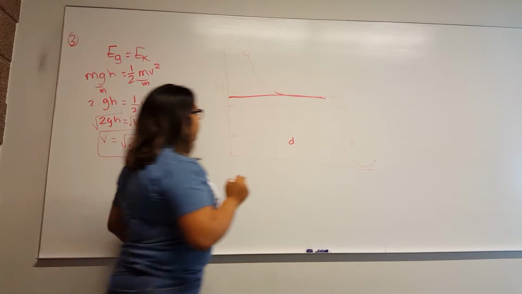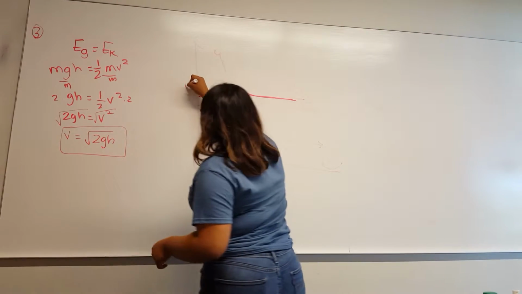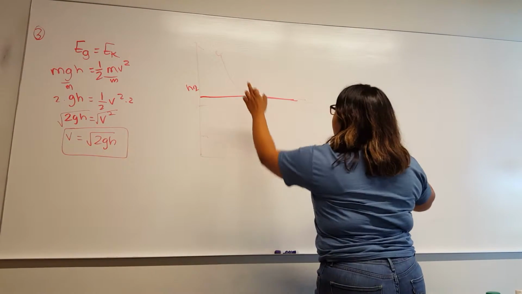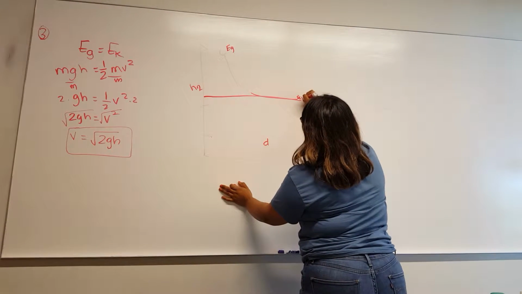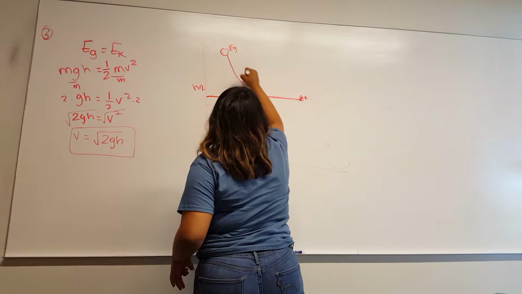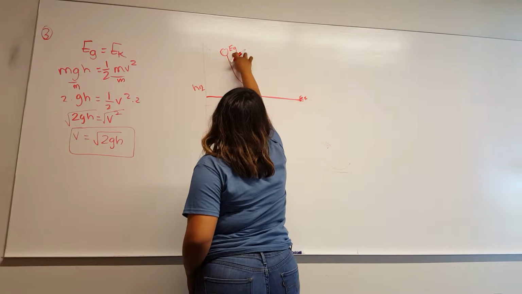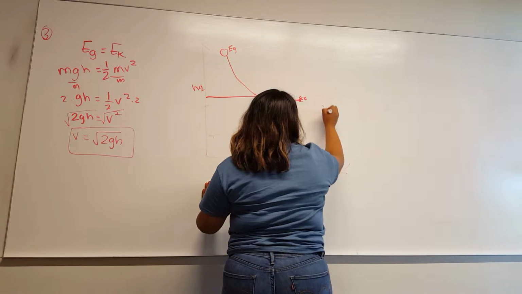If we move on to the next one, it's the one talking about this diagram. Okay, so first of all, this point is EG, and this point would be EK. Because here is before we drop, like when we barely drop the ball, and this is when it's entering flight.